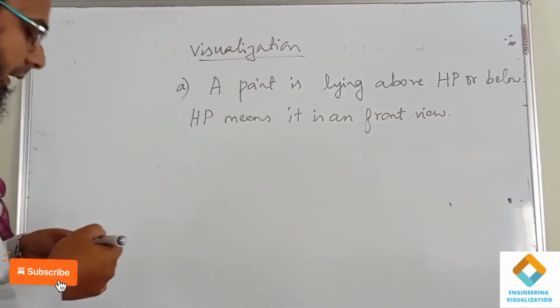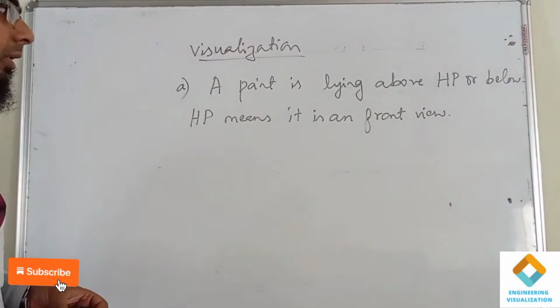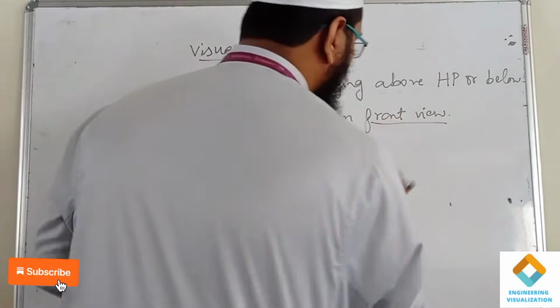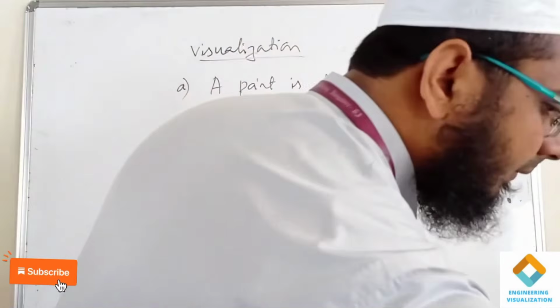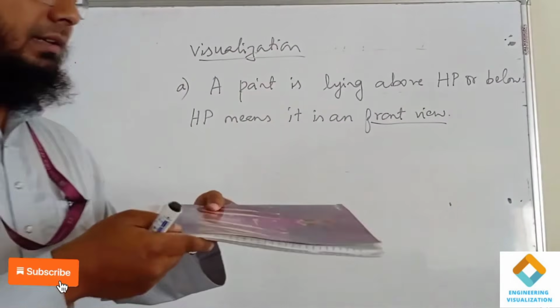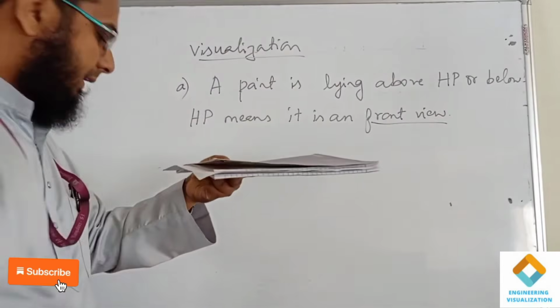So what is this? If a point is lying above HP or below HP, it is a front view, based on the visualization. Say if I take this one, this is our horizontal plane, correct? This is our horizontal plane.